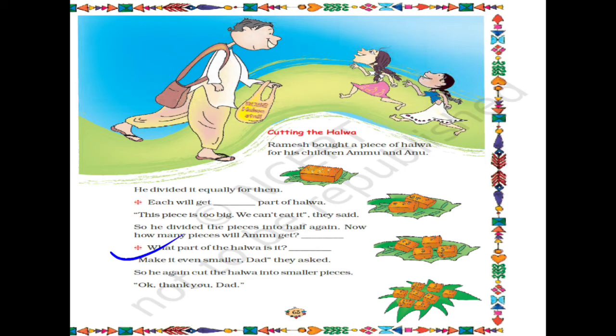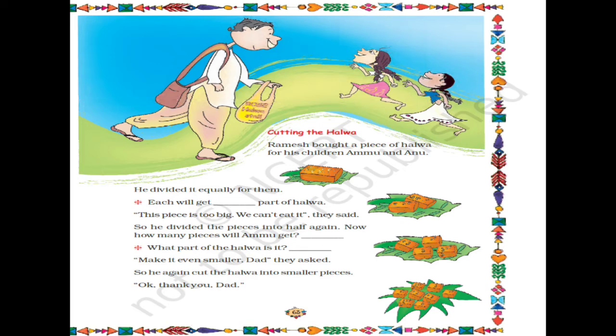So let's see this question. What part of the halwa is it? Tell me what part of halwa it will be. It will be 2/4 part, right? You can say that it is a 2/4 part of halwa or 1 by 2 part of the halwa. So here you will write 2 by 4 part of halwa or 1 by 2 part of the halwa. Make it even smaller, Dad, they asked.